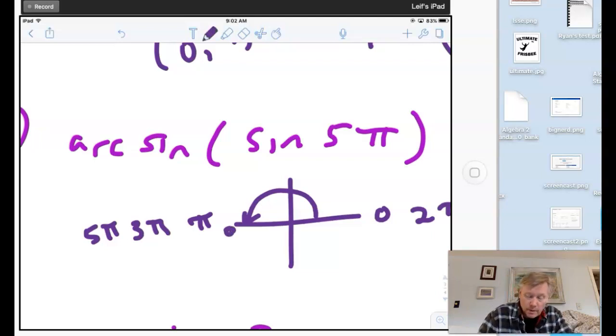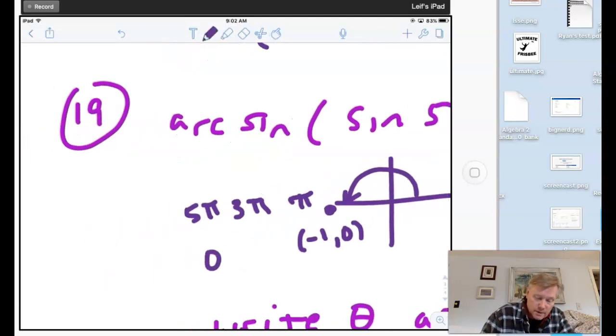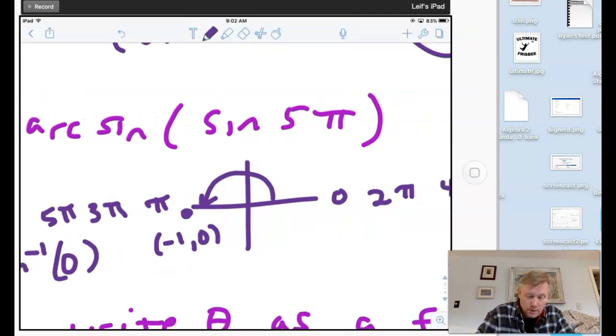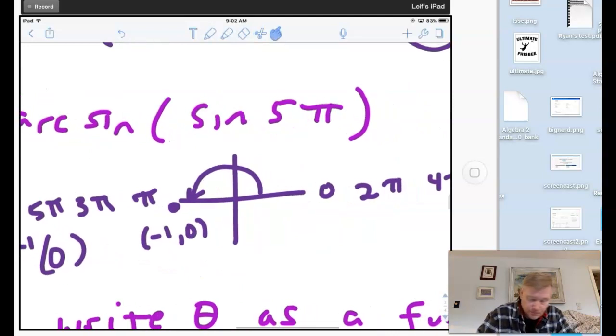Okay, so what is? Remember, the sine is the y-coordinate, which means this is -1, 0. So that would be 0. And then I'm asking for what is the inverse sine or arc sine of 0, which would give me 0.